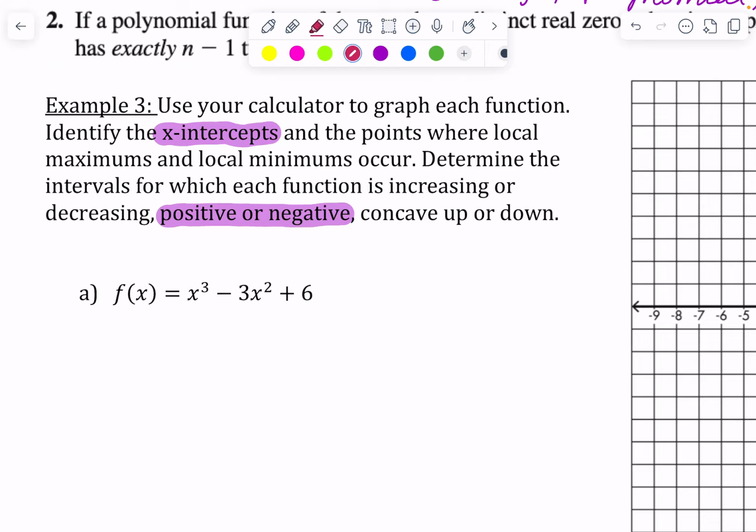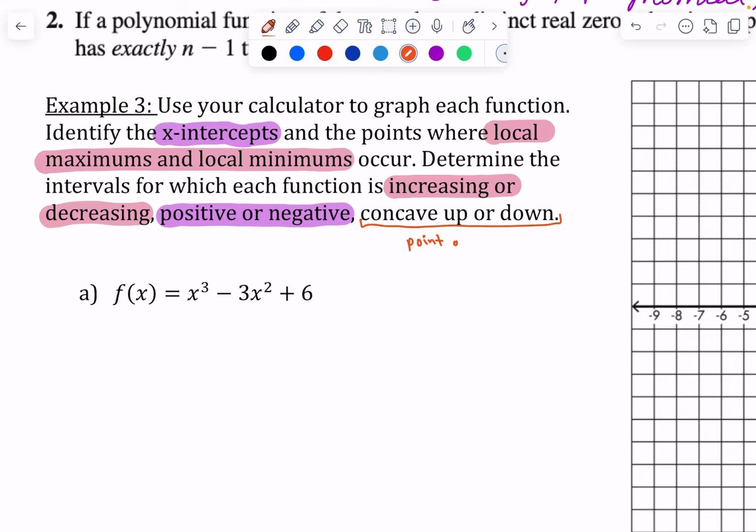The local maxes and local mins are going to help me write where the function is increasing or decreasing. And then if I want to find where a function is concave up or concave down, that's actually a new thing that we're going to learn today. For that, you need to find the point of inflection, and that information we're just going to pull from our calculator. Okay, so let's do it according to the colors.